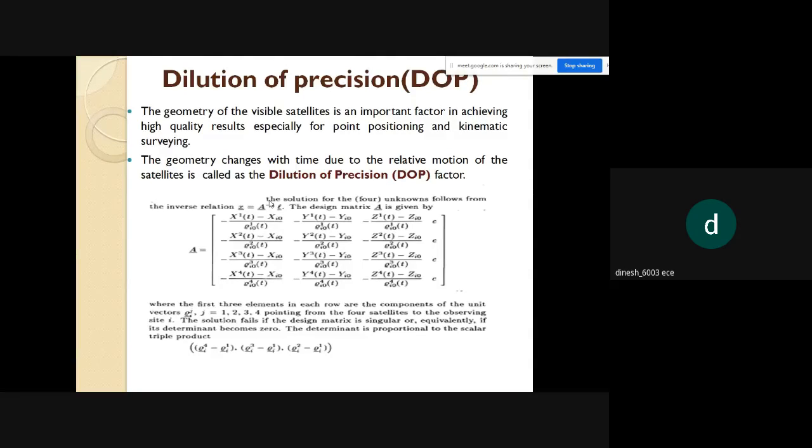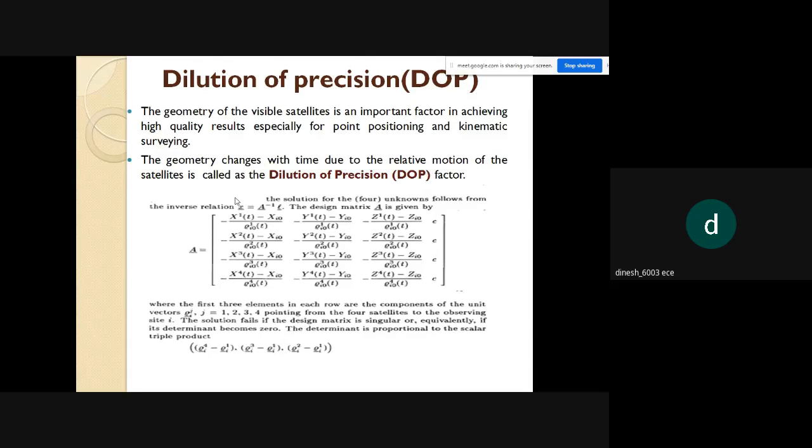The geometry changes with time due to relative motion of the satellites, and this is called dilution of precision. The dilution of precision is defined as a factor where the geometry of the system changes with time due to relative motion of satellites.